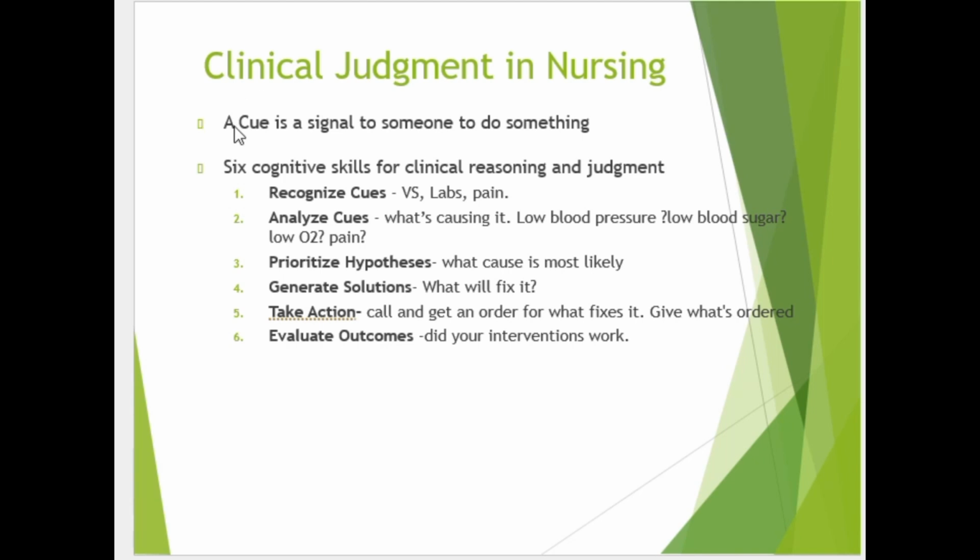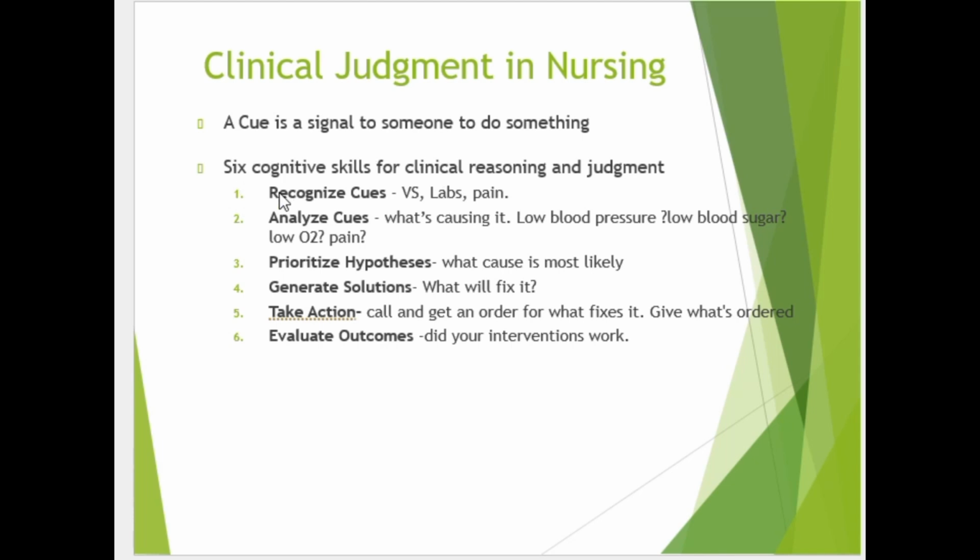As I said before, a cue is a signal to someone to do something. So if you look at your patient's labs, you should be able to recognize when those labs are signaling to you that you need to do something for your patient, because they might be starting to go downhill. You might not really see signs of stress yet, but a change in a lab value could mean the start of something.